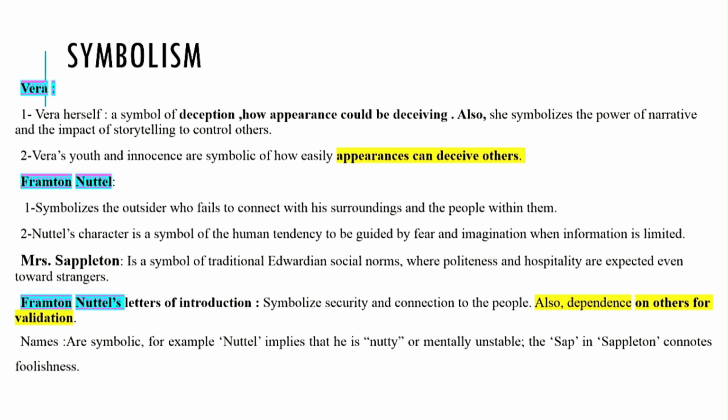Also, she symbolizes the power of narrative and its impact to control others. Vera's youth and innocence are symbolic of how easily a young person or a person's appearance can deceive others.